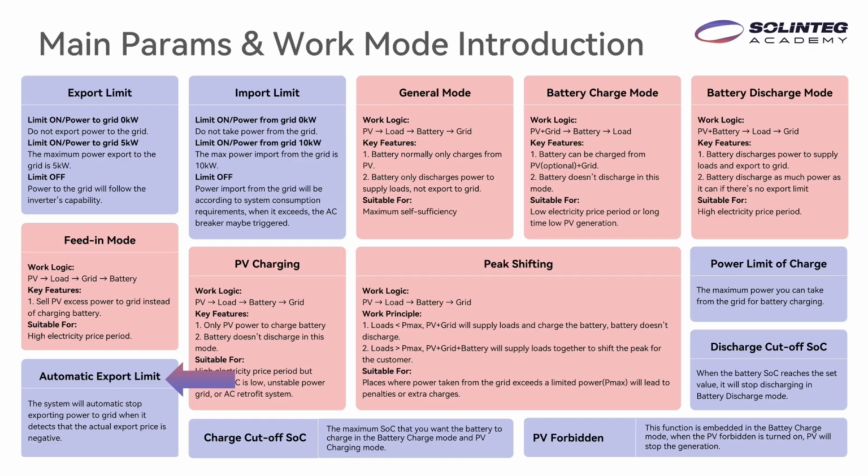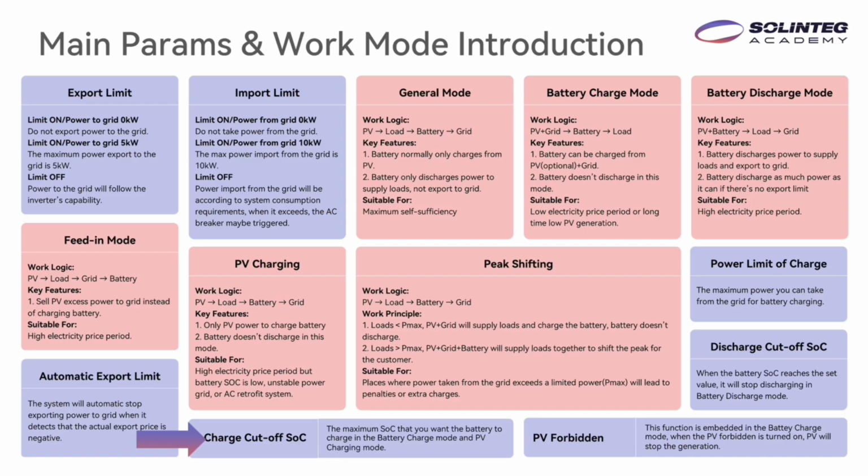So if we are still exporting power to the grid, we might need to pay extra bills for this power, or we can even get punished. So we have developed this function, and the system will automatically stop exporting power to the grid when it detects that the actual export price is negative. This function is enabled by default in our system.